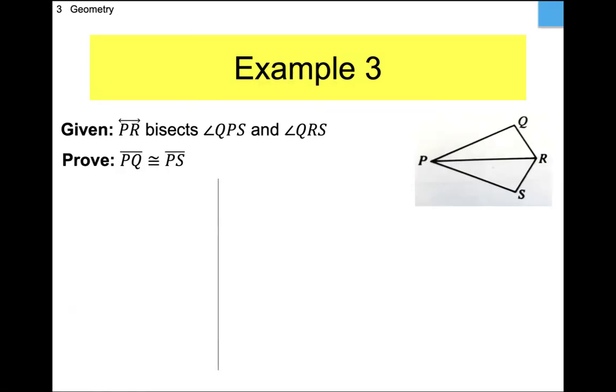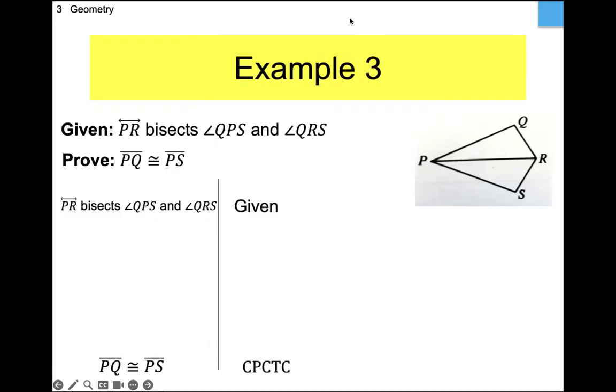All right, so let's see. What's the given? This time it says that that middle part, PR, bisects two angles this time. I still know how this is going to end. It's going to end with the magic word CPCTC. All right. But let's see. What's the consequence of the middle part? Oh, the middle part, which is this part right here, it bisects this angle and it bisects this angle.